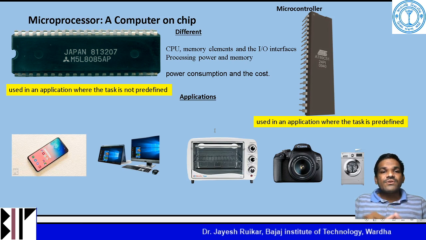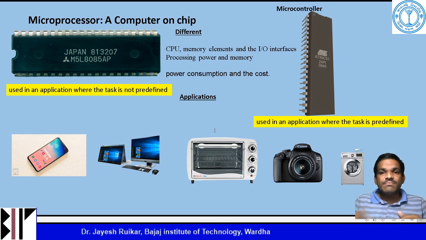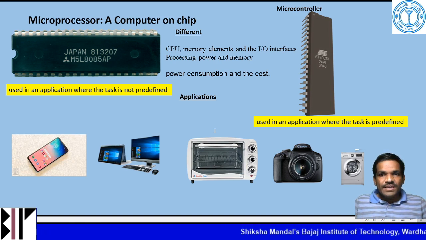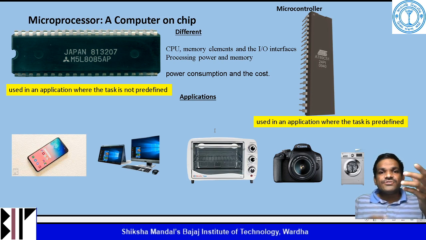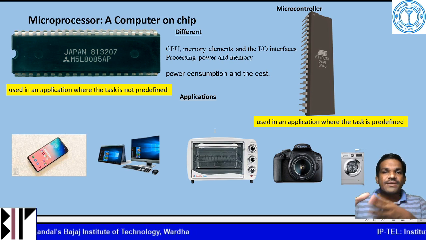Coming to the microcontroller. The microcontroller is used for some specific tasks based upon the inputs given to it. It provides the results as an output. The information could be a user input or inputs coming from sensors. So whatever the sensor data is, it will act as an input to the microcontroller.